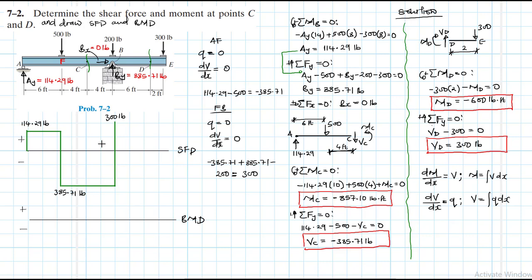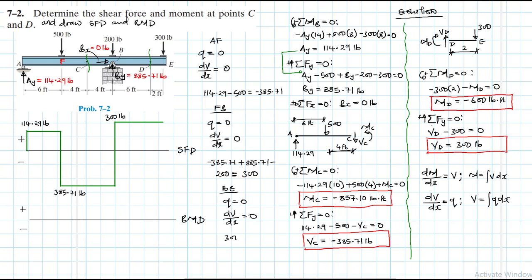And then from B to E, q is equal to 0. Therefore, our dV/dx is just equal to 0. So our slope here will just have a 0 value up to E. When we reach E, we have another concentrated load there, and the two add up algebraically.